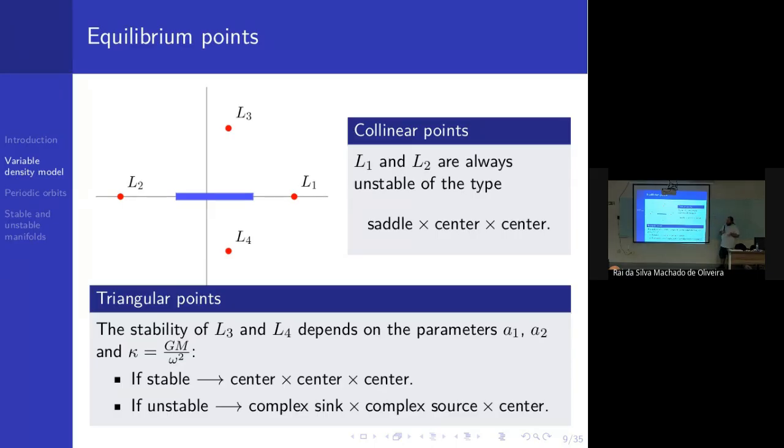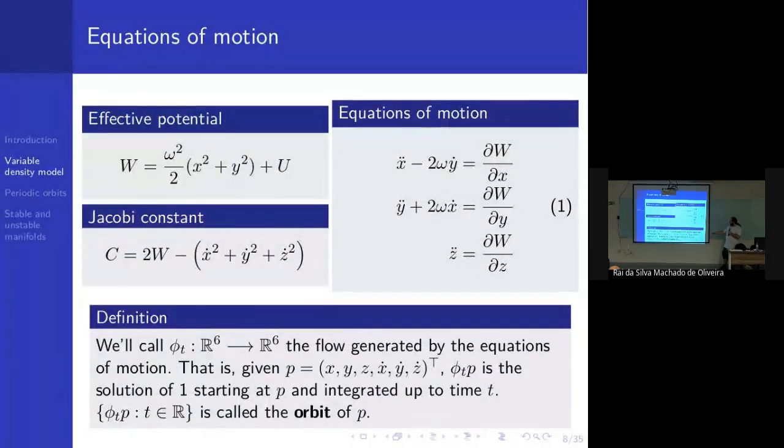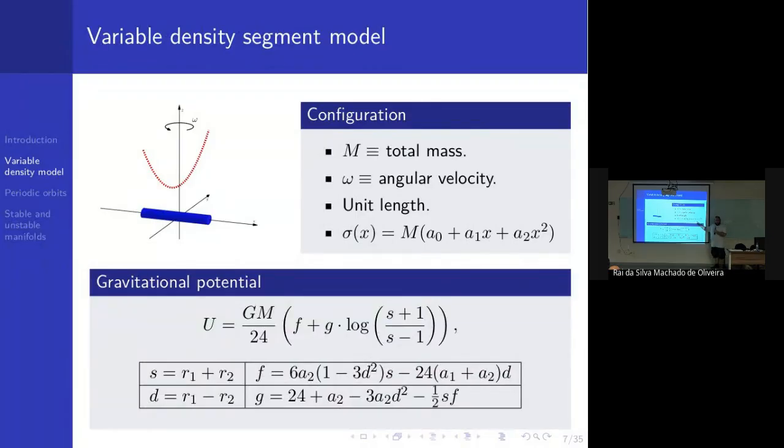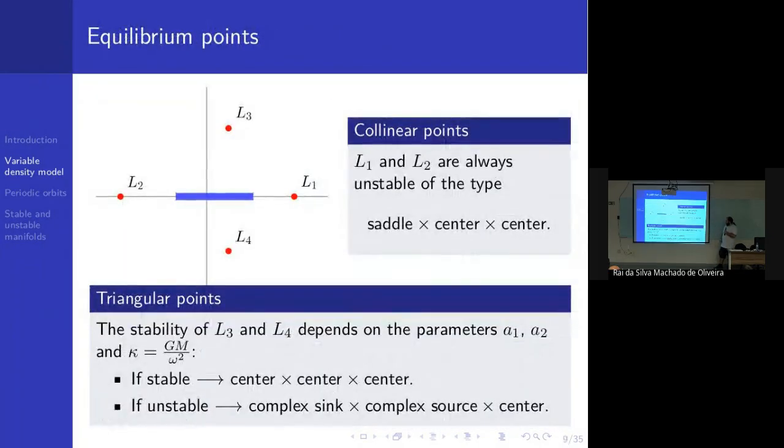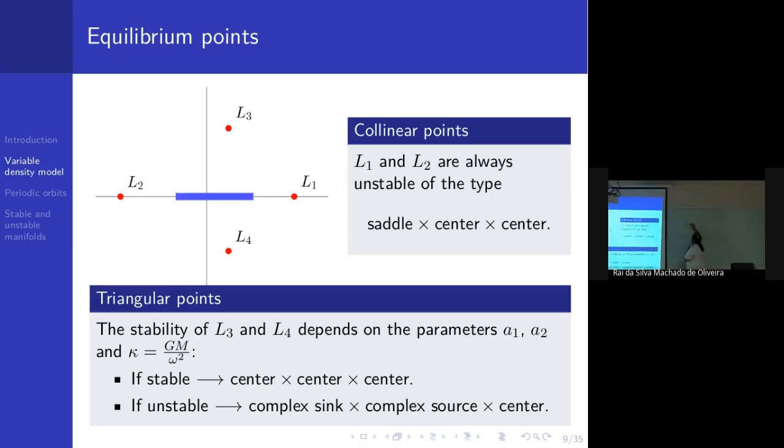And the stability of those equilibrium points depends on the parameters, depends on the mass distribution parameters. Recall that A1 and A2 were the density parameters. And also this quantity here, K, which relates the angular velocity and the mass of the asteroid, omega squared.